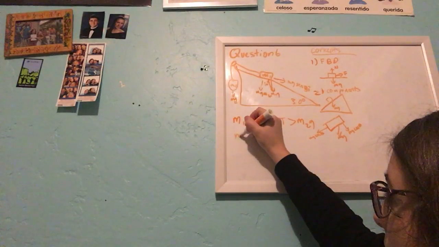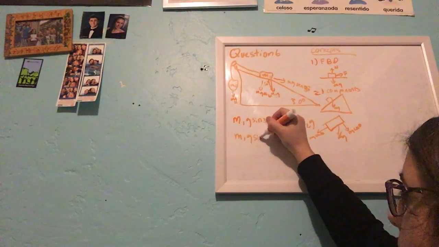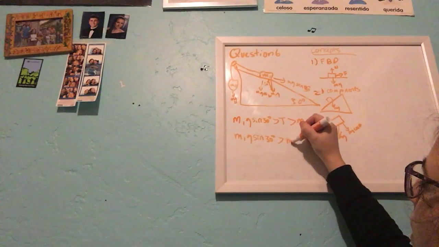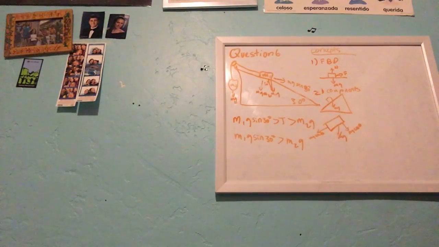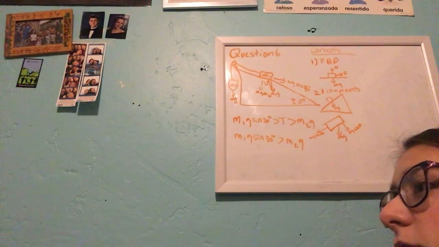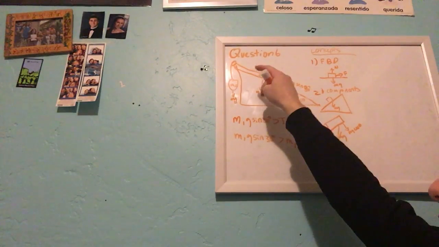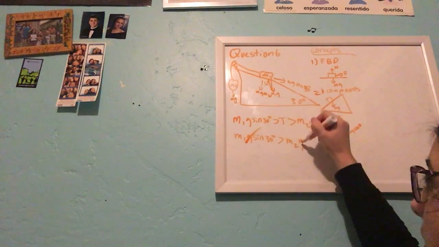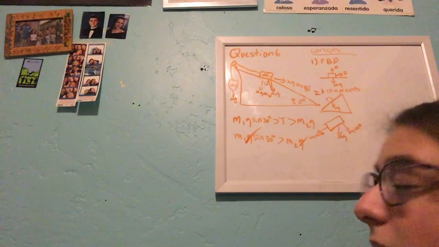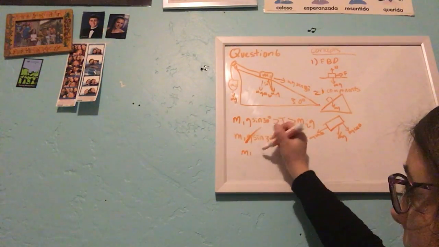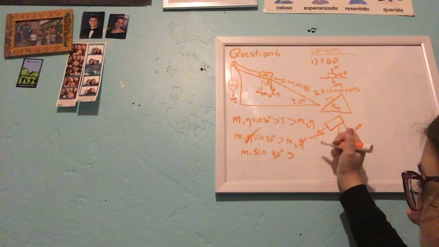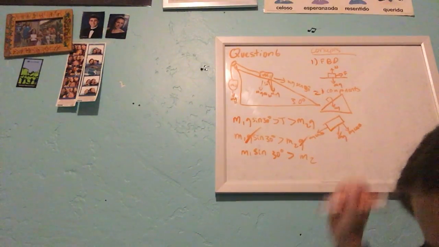So M1g sine 30 is greater than M2g. In order for it to accelerate down, it needs to be greater than this weight pulling it down. Then I can cross out the g's because they're on both sides, and I get that M1 sine 30 degrees needs to be greater than M2.